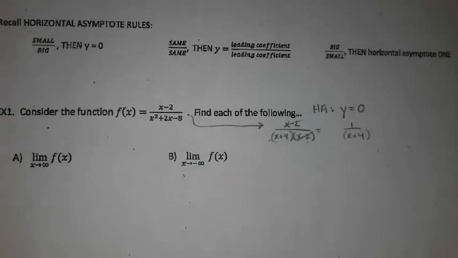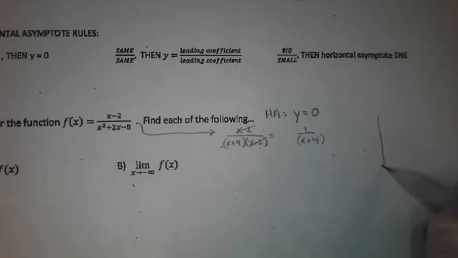This is going to look like the graph of 1 over x plus 4, with the exception of it will have a hole at 2, 1/6 to be exact.